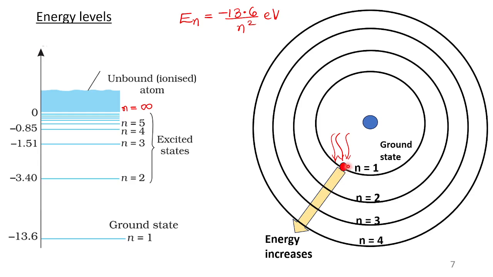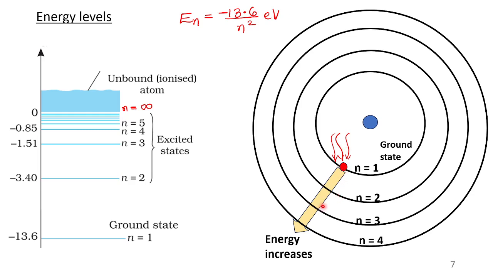If the electron gains energy, it will jump to a higher energy state or higher orbit. This happens when it absorbs radiation, because its energy will be increased.